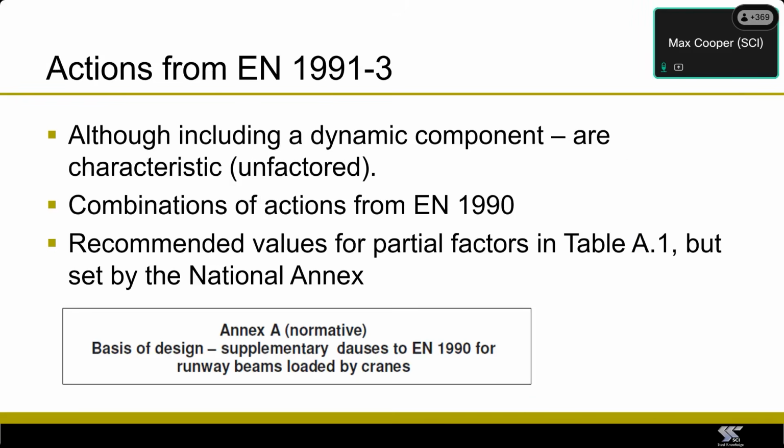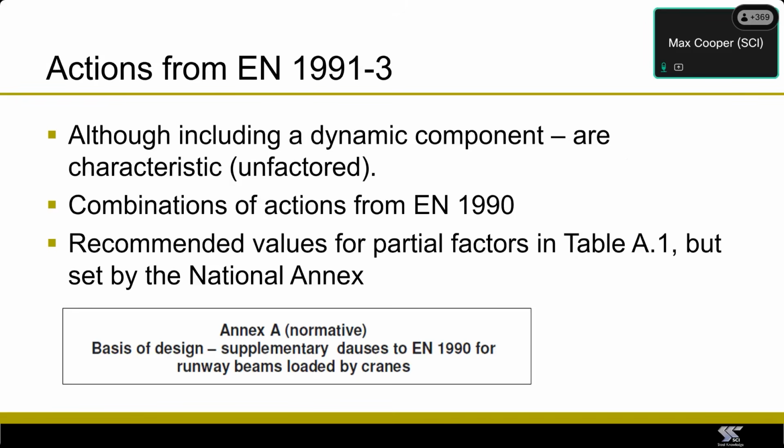So even after you've applied all your dynamic factors, the crane actions that result are still the characteristic unfactored values, and they must be combined with other actions, and therefore we must combine them using the design combinations that we looked at previously.